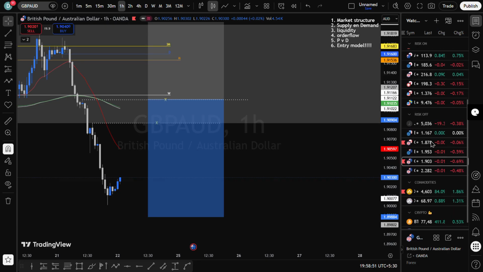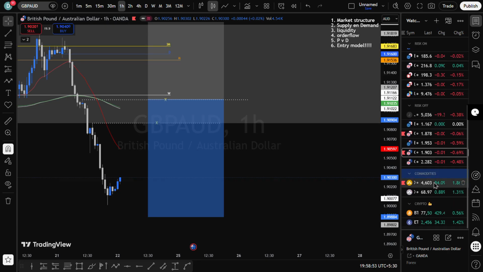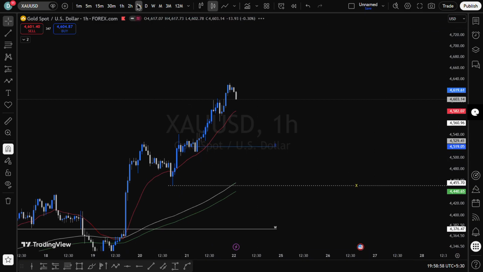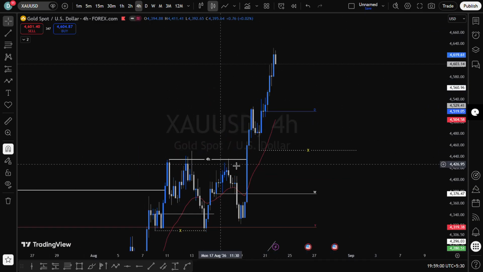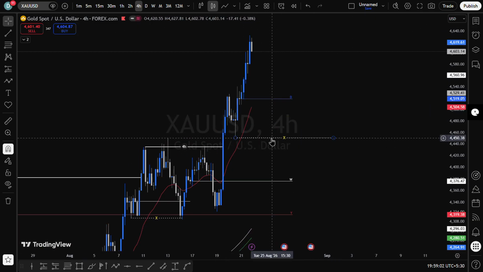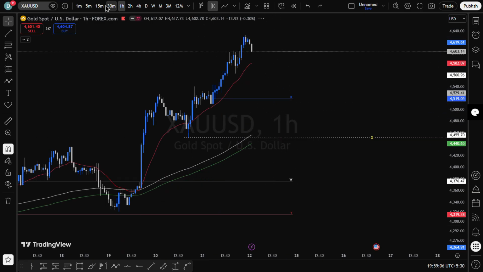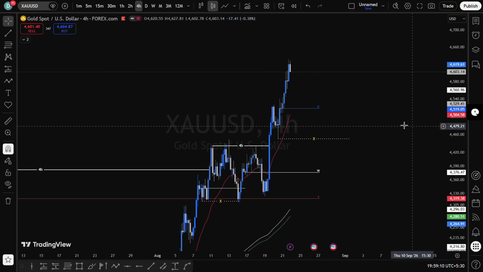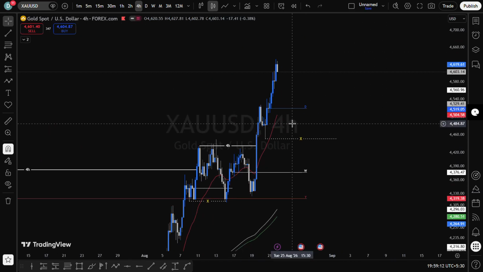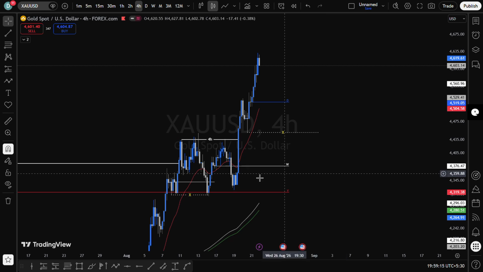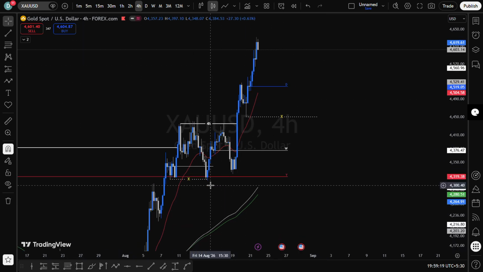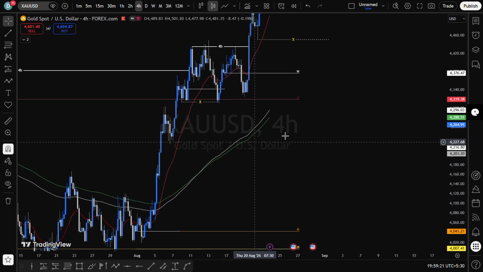And the second thing I'm eyeing is gold, which is very bullish. For gold it is breaking structure, and I will enter from here, but I will wait for the structure change on the 1 hourly or 30 minute, because gold can be a pump and dump situation, and it could go lower than this liquidity or even lower, because gold is very volatile.